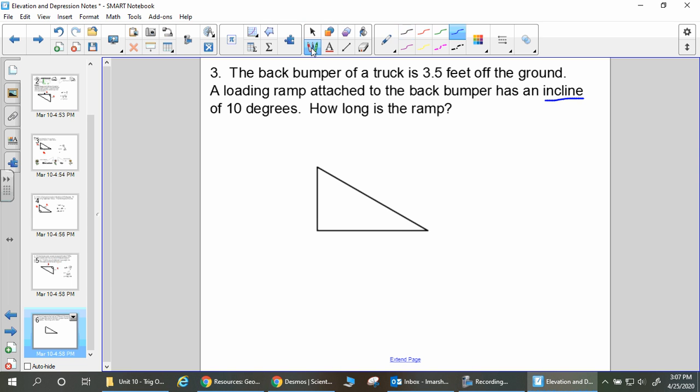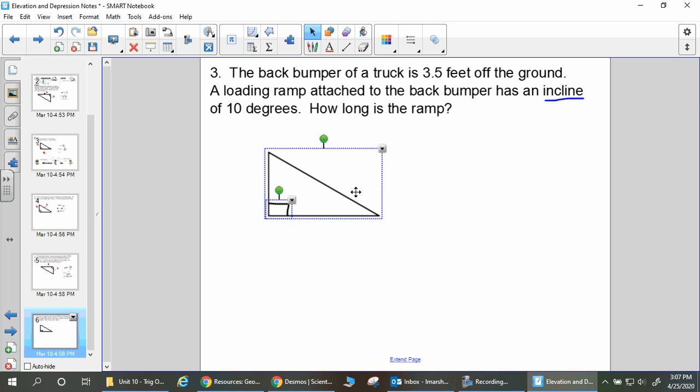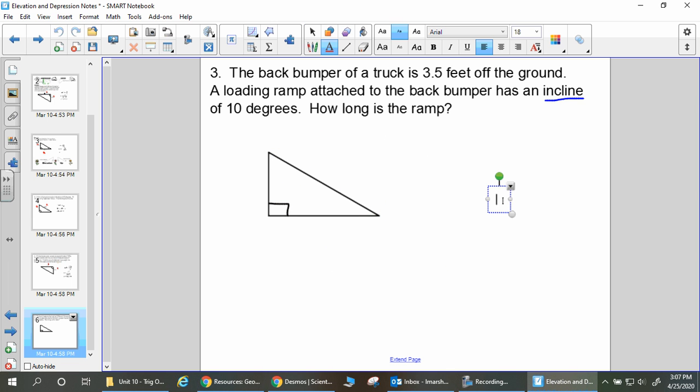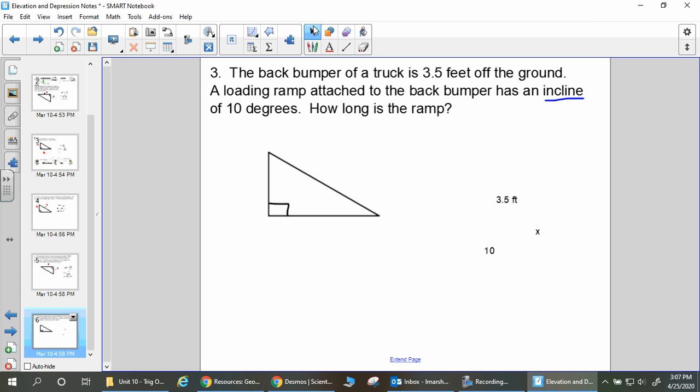Okay. So if this is my triangle, it says that the back bumper of a truck is 3.5 feet off the ground. Loading ramp has an incline of 10 degrees, and we're going to have our X, right? So incline of 10 degrees, 3.5 feet off the ground. So ground, we go up 3.5 feet.